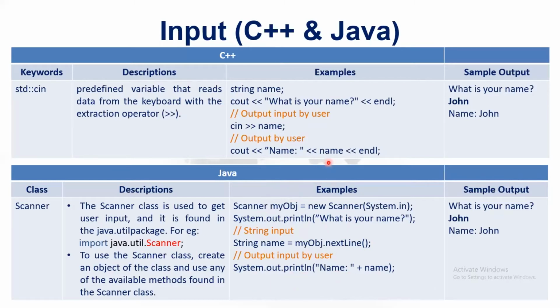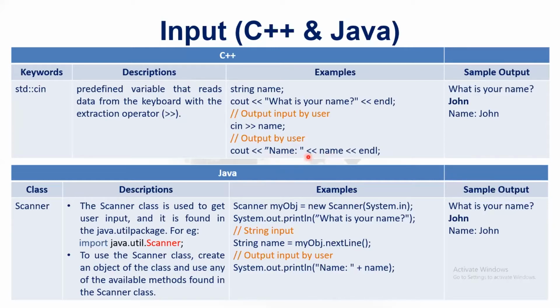So you can see that when you see cout, that's the difference. Here is cout and you put a double quote, right? This double quote is the output. Then because this name can be any random name that the user keys in, rather than putting it in the double quote, you put it outside.